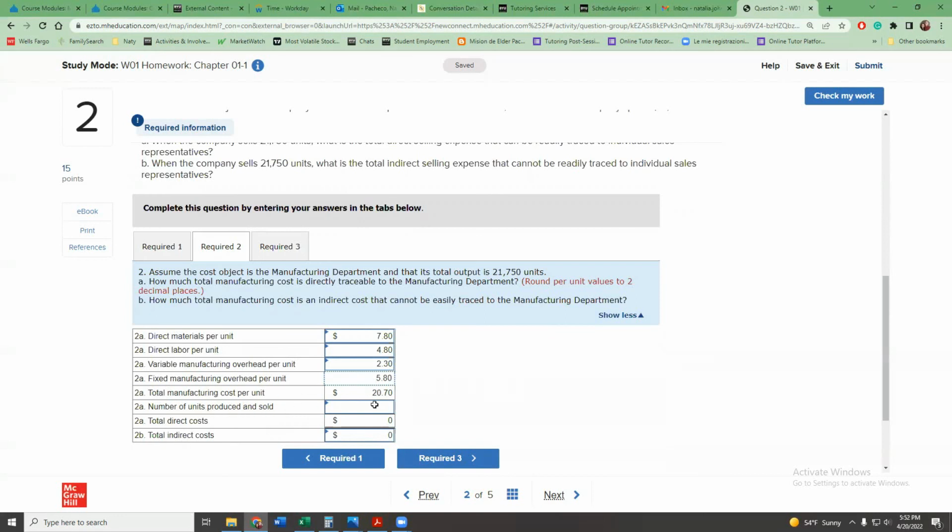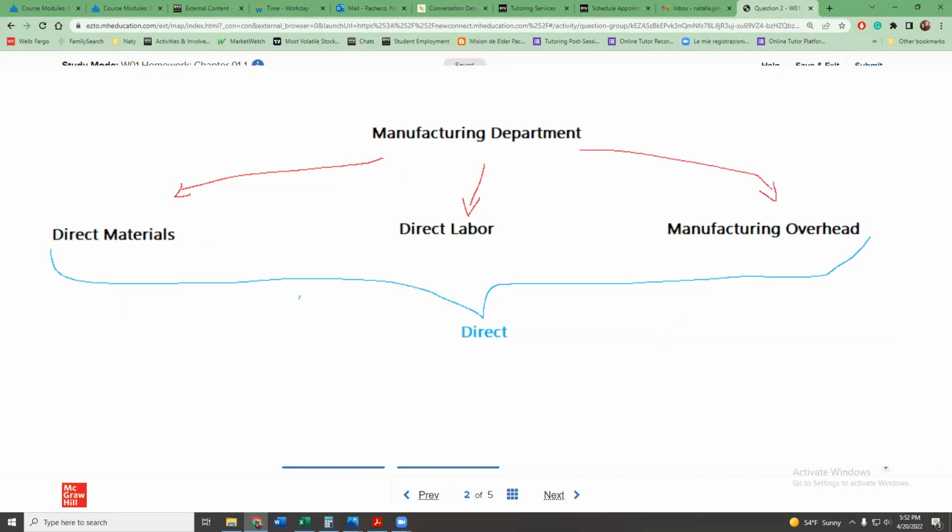Now the number of units produced and sold, again, 21,750, which is right here too. And then the total direct costs are 450 to 25. Now, what are the total indirect costs for the manufacturing department? If I already said that the cost for the manufacturing department is direct materials, direct labor, and manufacturing overhead, they're all direct costs for the manufacturing department.